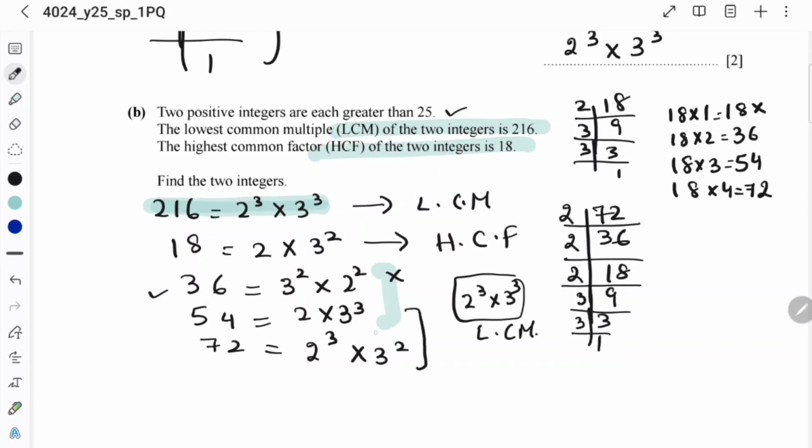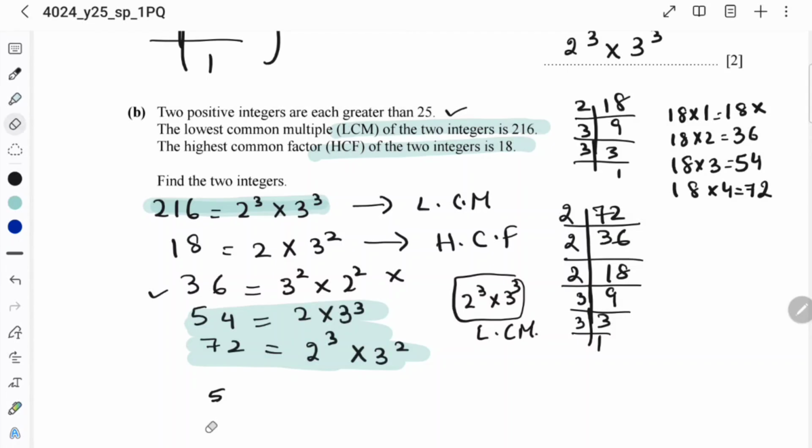So yes, we have 2 cube and 3 cube. 2 cube is there in between them, and 3 cube is over there, and the rest of the two have lower powers. So 54 and 72, let's check these two numbers.